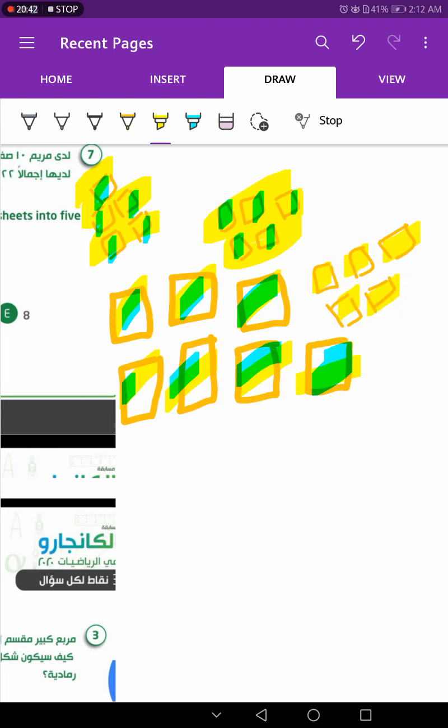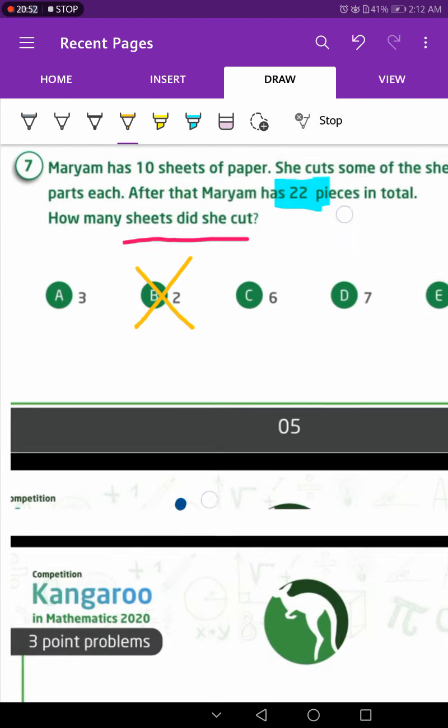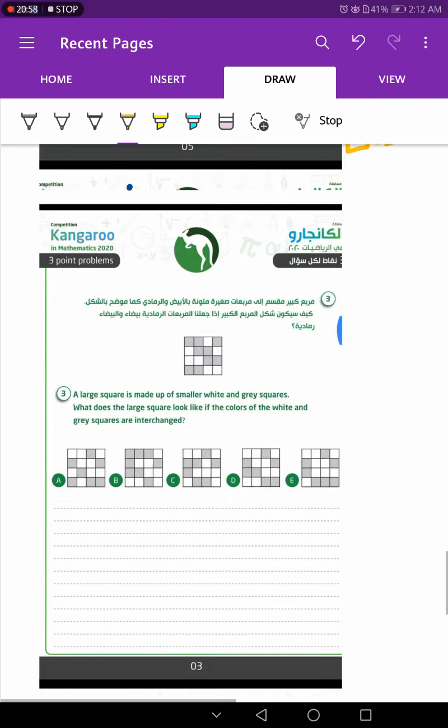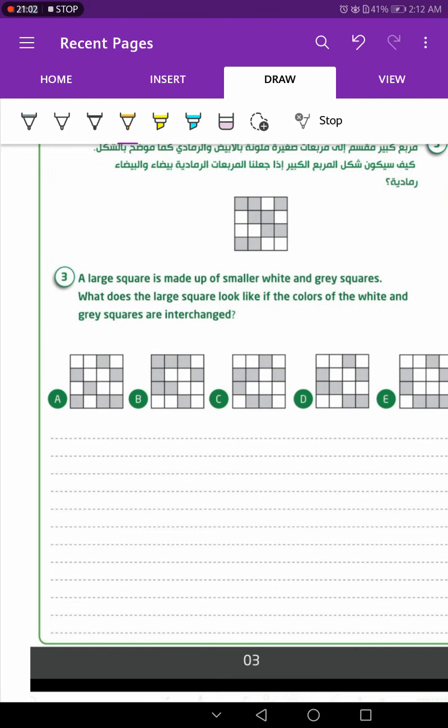So how many squares did she cut? This is the question. See, 1, 2, 3 squares she cut. So the answer here is 3.